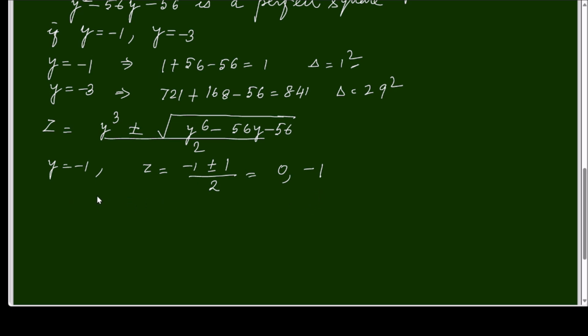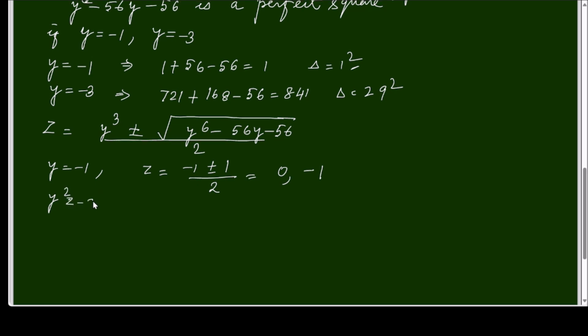That time how much will be x? Let us see the expression. y square minus z minus x was 14. This is equation 2. I'll put y and z in this equation 2. y square is 1, z is equal to 0. So minus x is equal to 14.